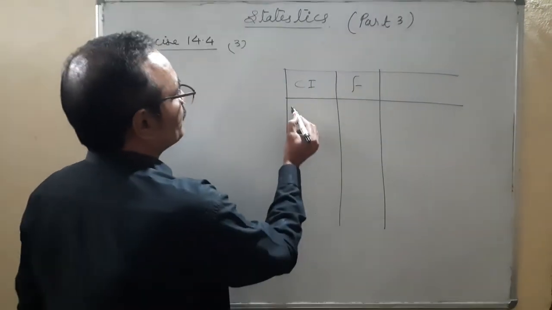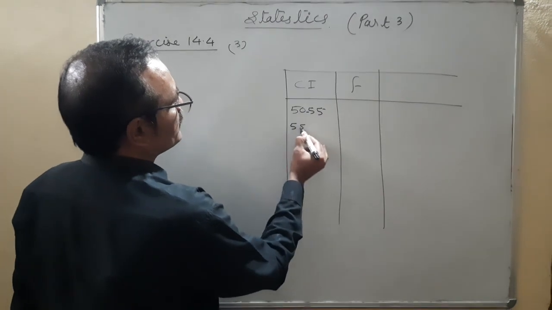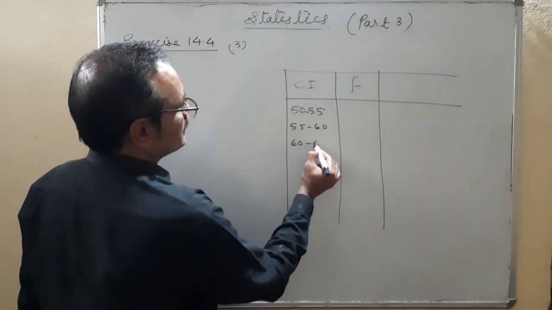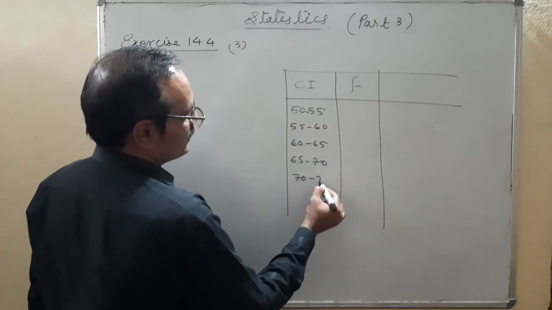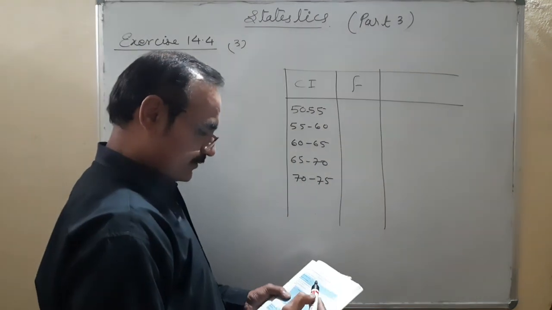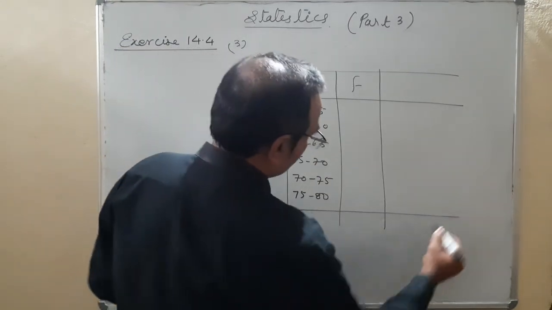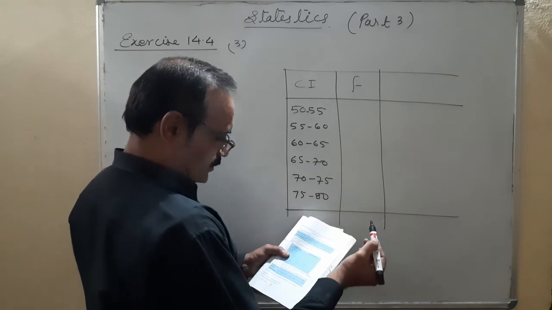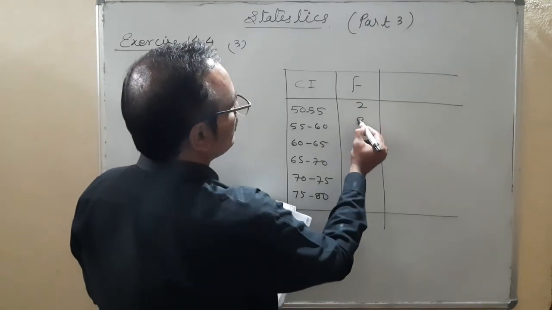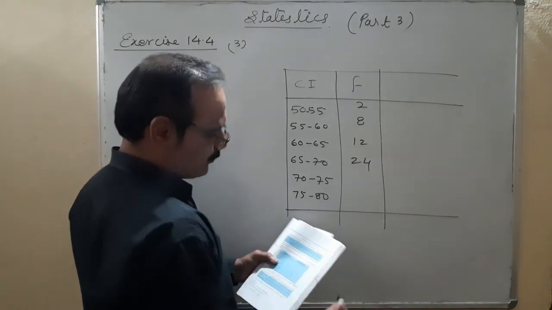Ci: 50 to 55, 55 to 60, 60 to 65, 65 to 70, 70 to 75, and 75 to 80. Frequency, number of farms: 2, 8, 12, 24, 38, 16.